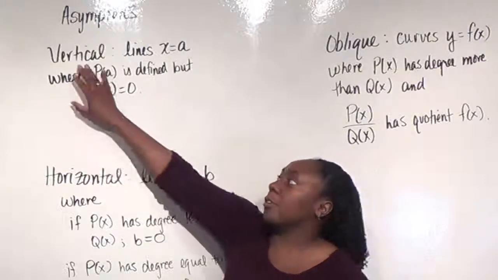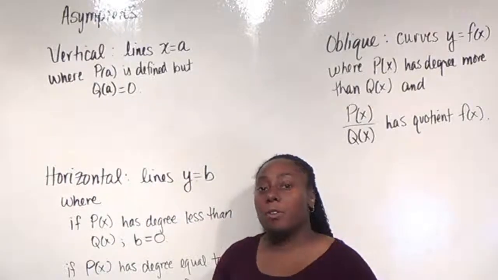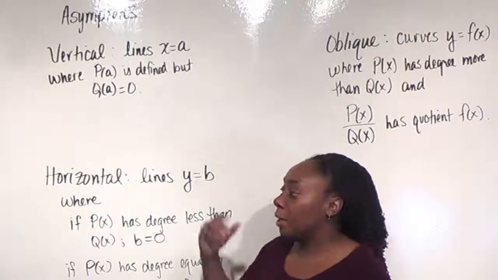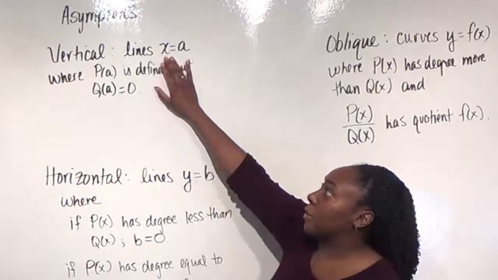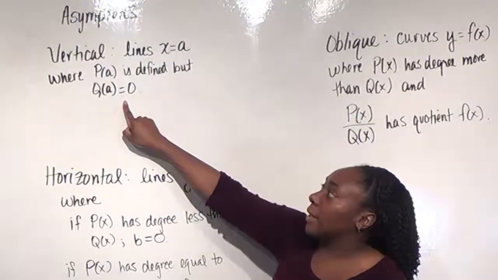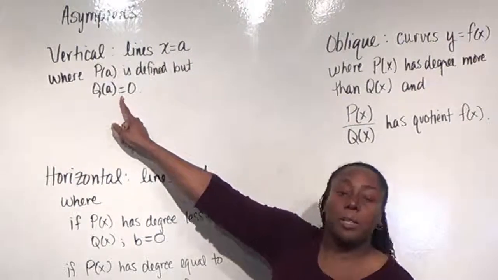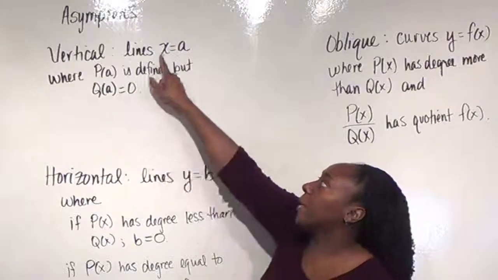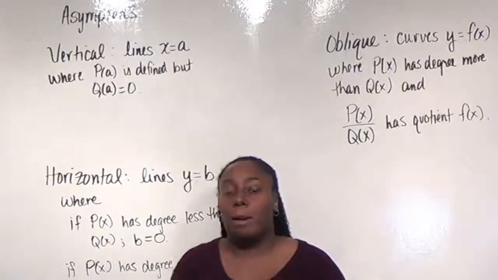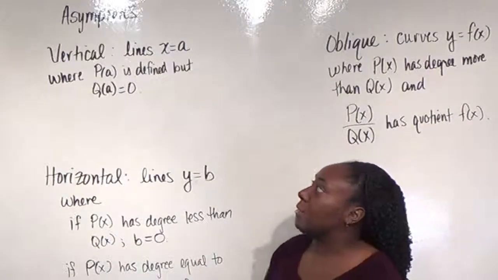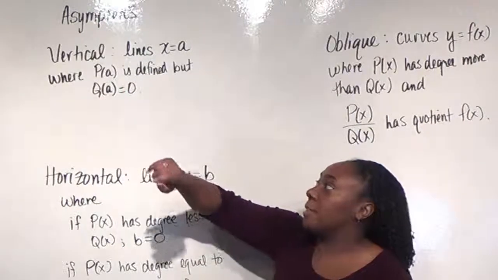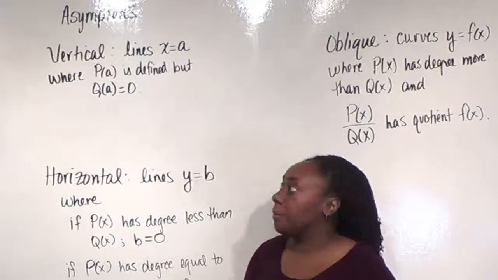The first is the vertical asymptotes, and these are the easiest to find because they usually relate to your domain. Once I know the domain of my function, I'm basically looking at all the places where q is equal to 0. Okay? And so x equals a will be the line of our vertical asymptote. Again, it's only an asymptote if p of a is defined, but q of a is equal to 0.